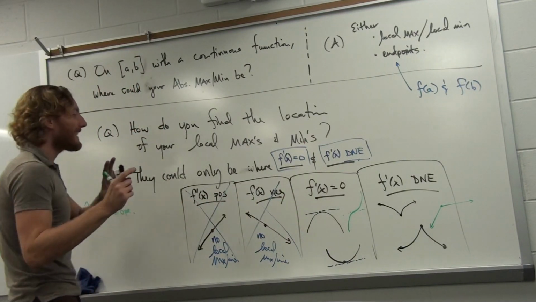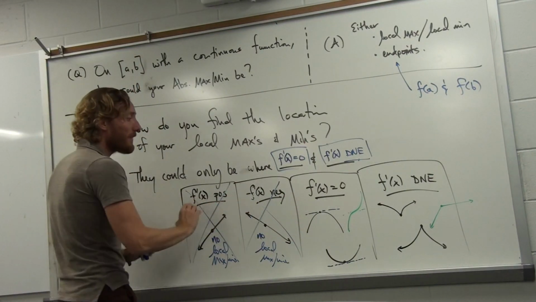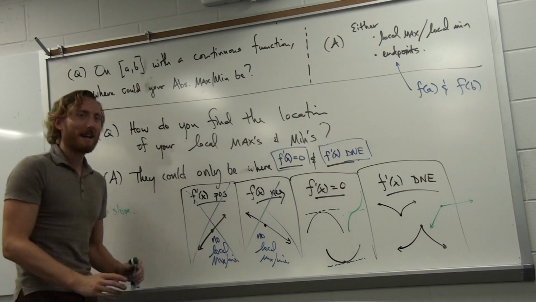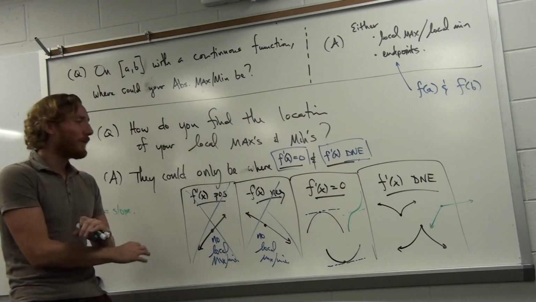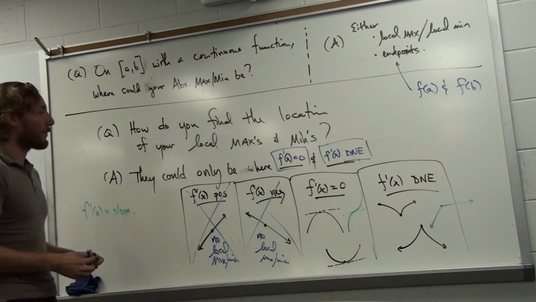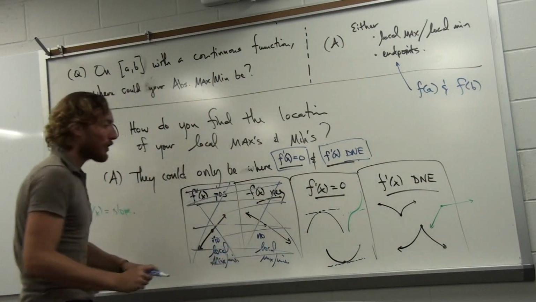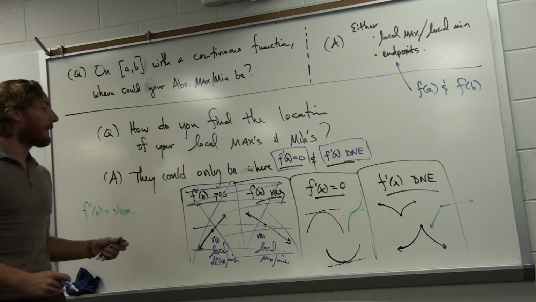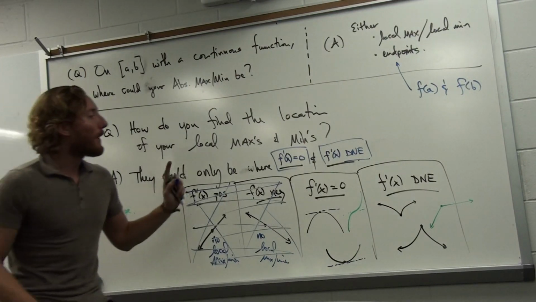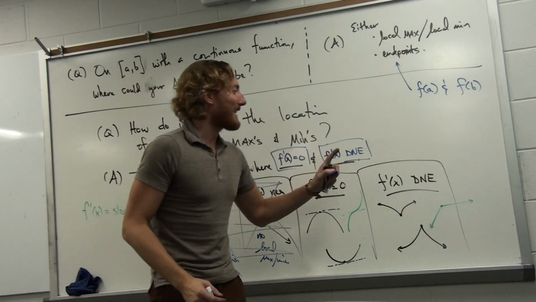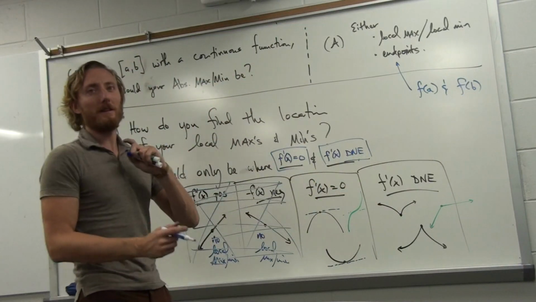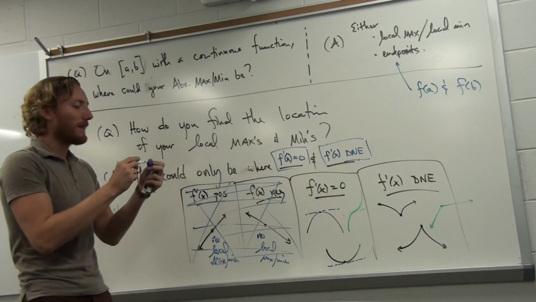And here's something, though, we can say for sure. First derivative negative, you couldn't be a max or a min. First derivative positive, you couldn't be a max or min. So positive and negative slope values do not correspond to local maxes and mins, but 0 slope and no slope could. And that's a victory in and of itself.